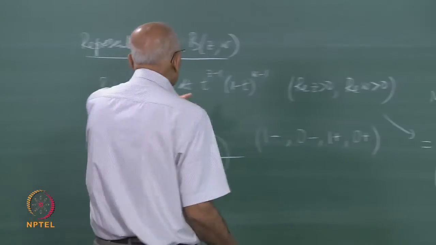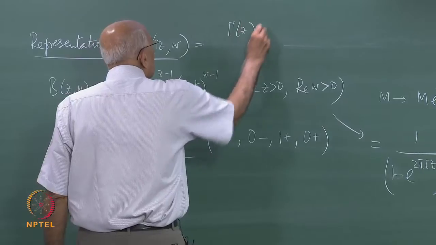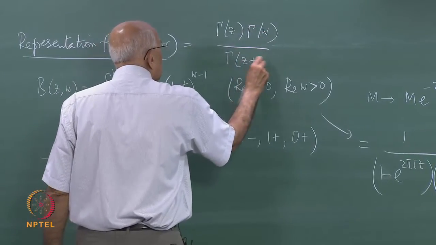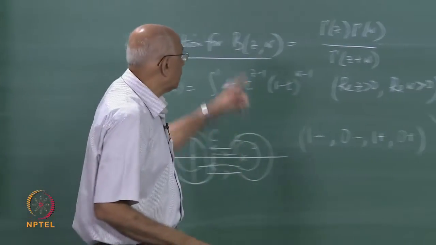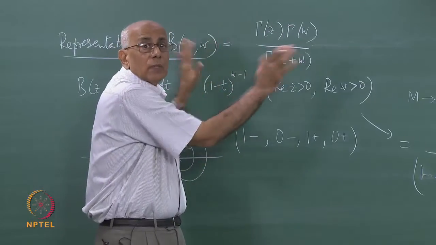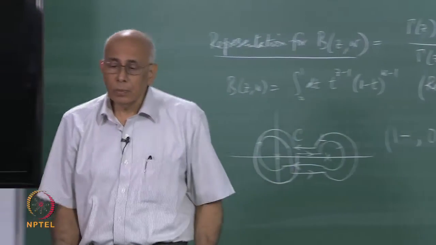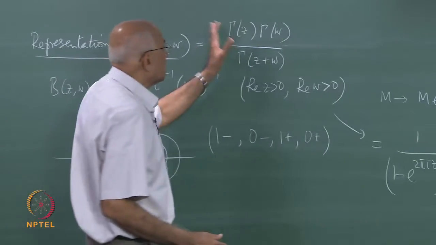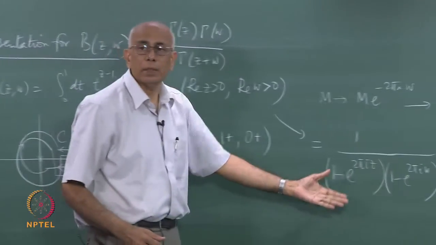But of course we also know that this quantity beta is equal to gamma of z, gamma of w over gamma of z plus w. So you could extract the singularity structure of this beta function also from this representation, and that is valid for all z, every z. So wherever you are in z and w, that formula is always true as an identity, and therefore you can extract all analytic properties of this function from there or from this integral here.